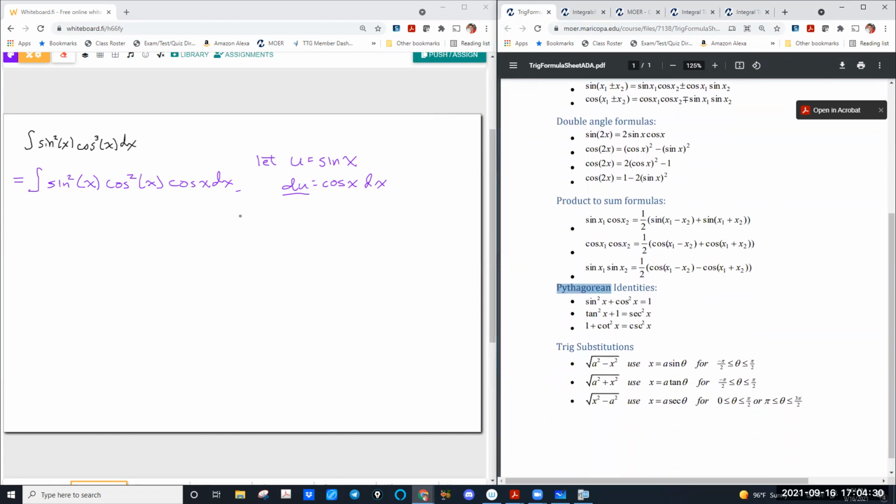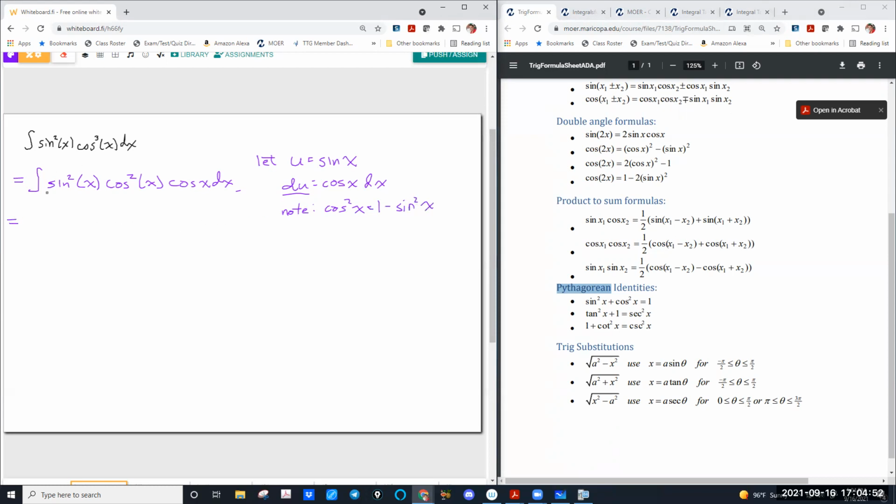They give a relationship between sine squared and cosine squared. If I take this and solve it for cosine squared, from our Pythagorean identity, we know that cosine squared x equals 1 minus sine squared x.